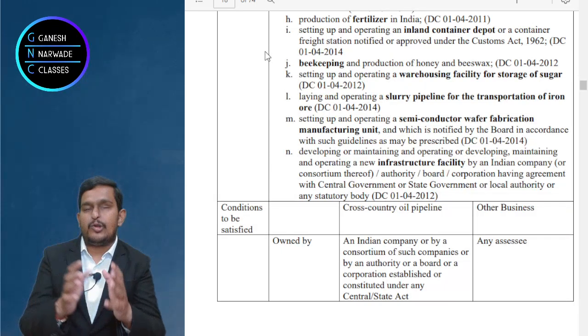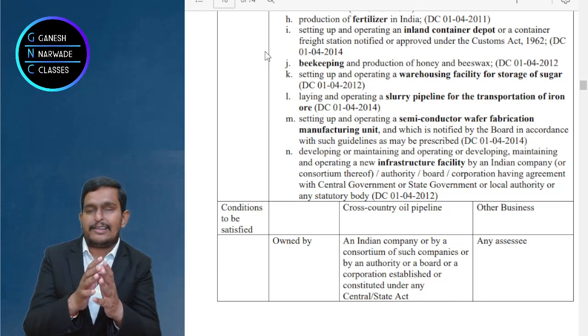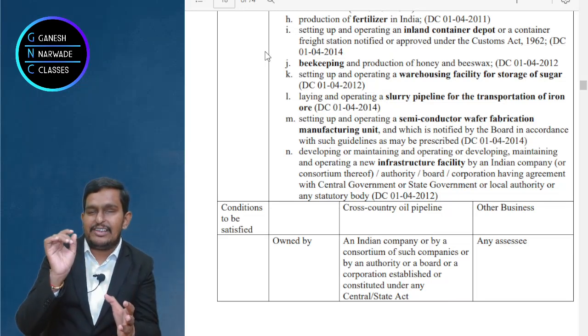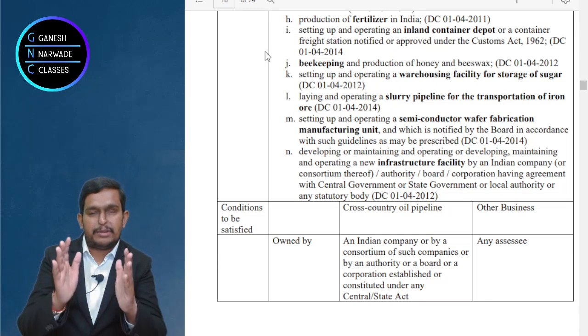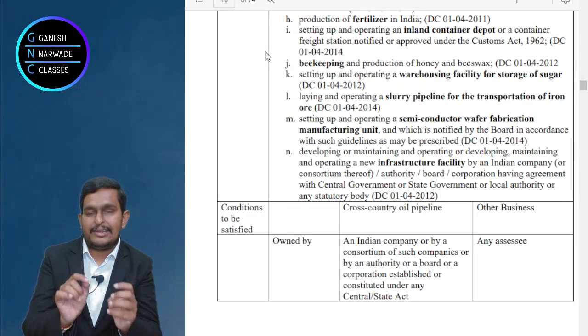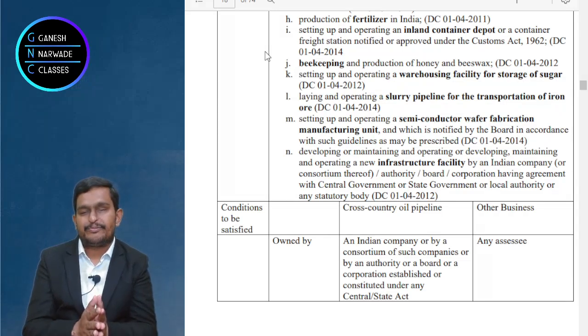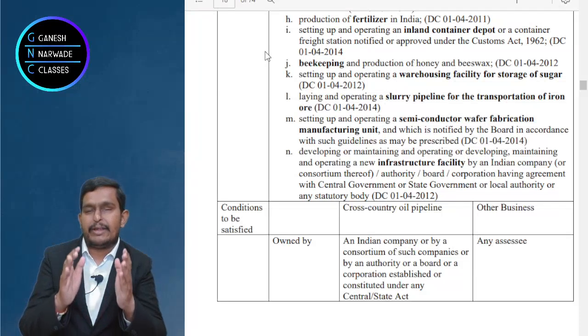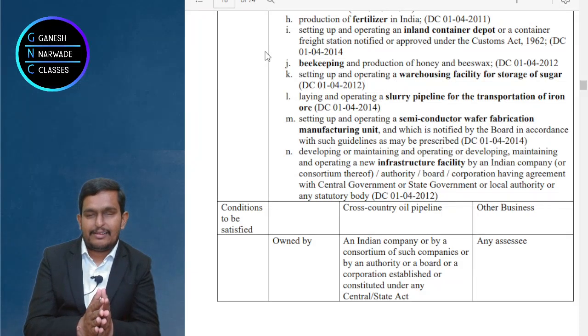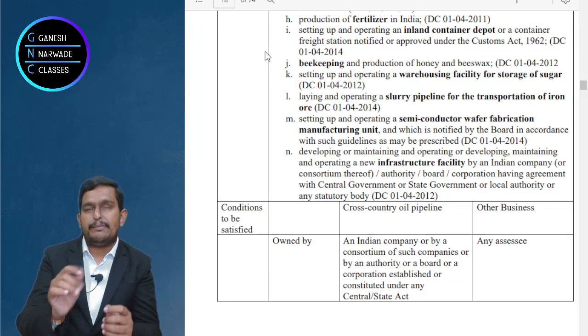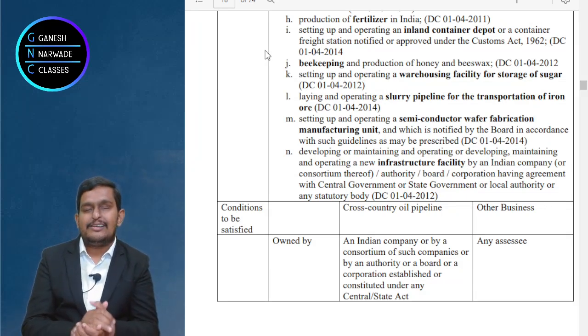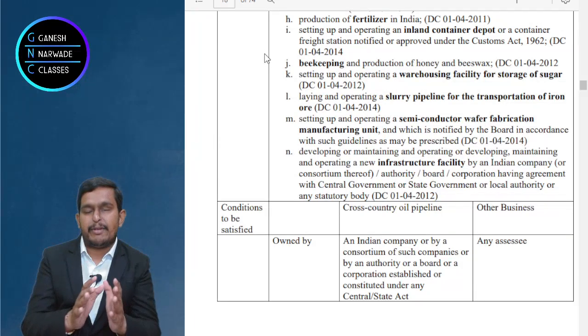Now you know semiconductor chips, whatever gadgets we are using, everything is connected through chips. We have to remember that they are semiconductors, and it is a booming industry in India as of now. Then we have to remember infrastructure development projects. This way you have to remember all the 14 so that you can actually remember the things.